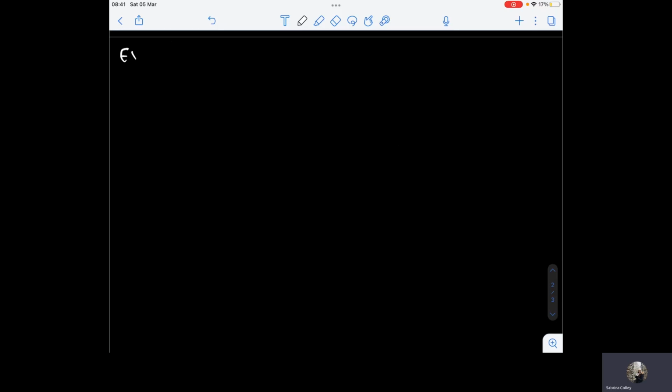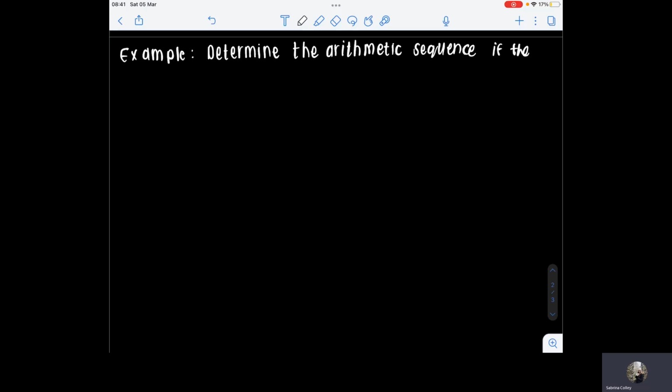So if we've got an example where it says determine the arithmetic sequence if the 4th term is negative 6 and the 11th term is negative 34.